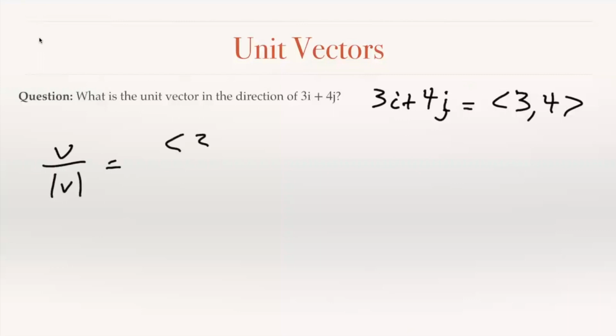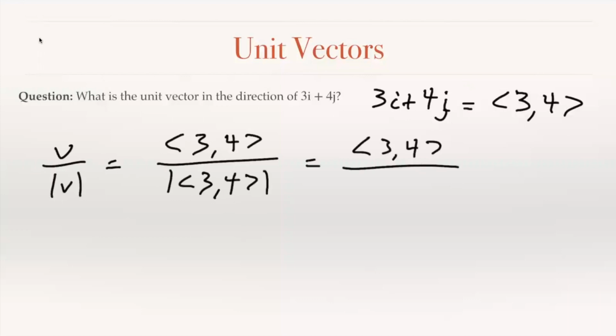So that's 3, 4 over the magnitude of 3, 4. Well, the magnitude of 3, 4 is, by the Pythagorean theorem, the square root of the sum of the squares of the components. So that's the square root of 3 squared plus 4 squared. And 3 squared plus 4 squared is 9 plus 16 is 25.